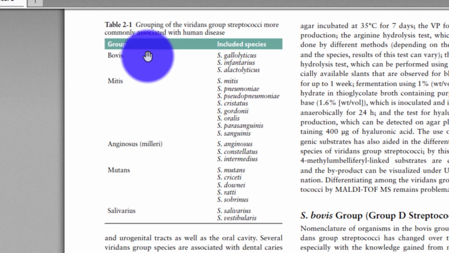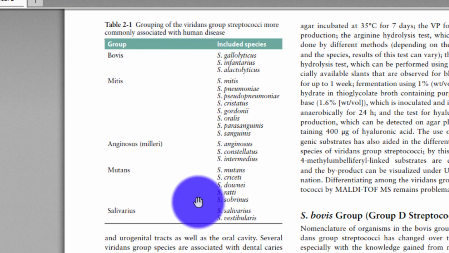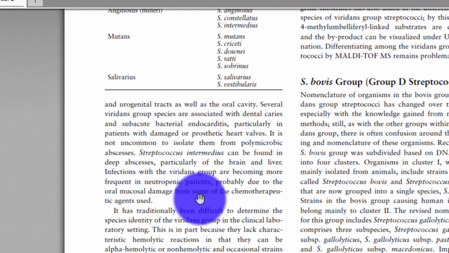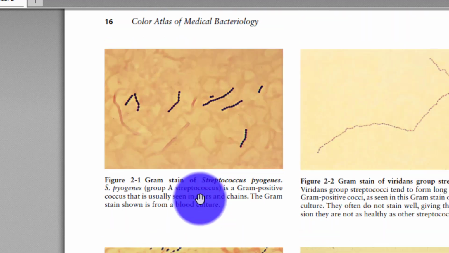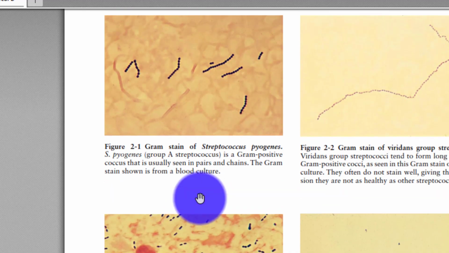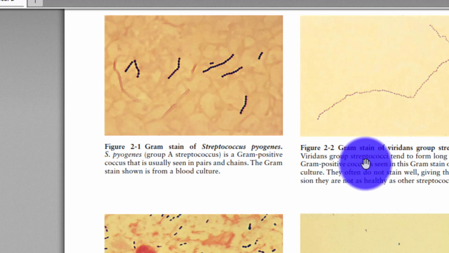Here we can classify the species, grouping within groups. Streptococcus, other groups. Here Gram stain of Streptococcus pyogenes group. Here Gram stain of viridans group.